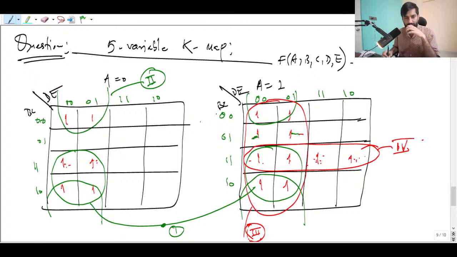Let us talk about the A equal to 0 K-map. Here what is changing? C is changing, so don't include C, only B will be there. And if you move like this, what is changing here, guys? You see E is changing, so D will remain here. So A bar, B and D.